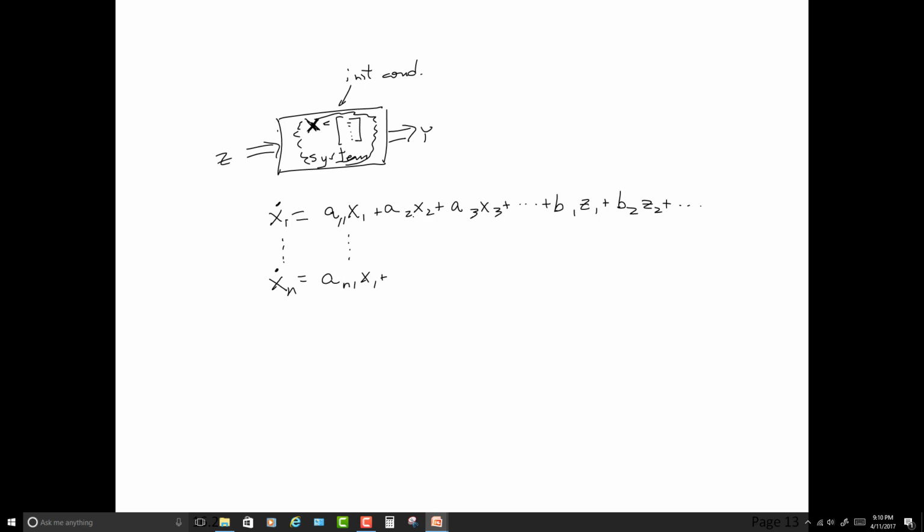And so here we go. This coefficient relates 2 to 2, but it relates 2 back to differential number 1. And here we've got differential number n with variable number 2, plus differential number n against variable number 3.